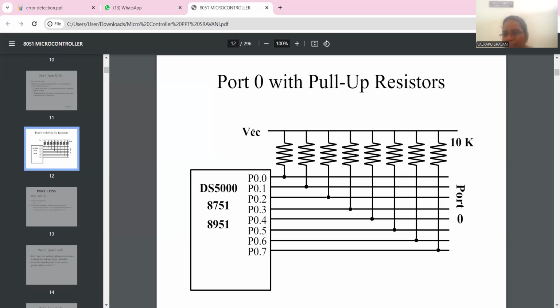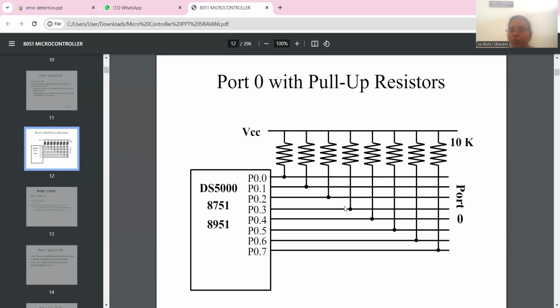Without the pull-up resistors, the voltage may bounce between 0 and 5. If the voltage bounces in between, the processor can't understand whether it is 0 or 1. So that's why we connect to VCC: it is either logic 1, or otherwise logic 0.